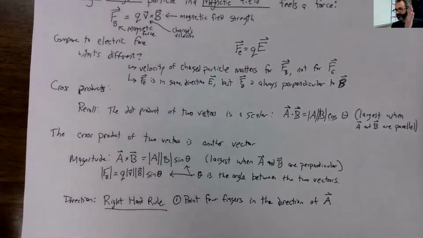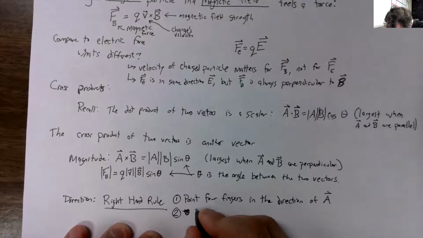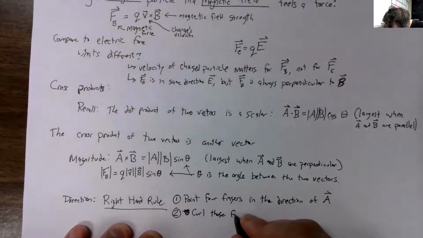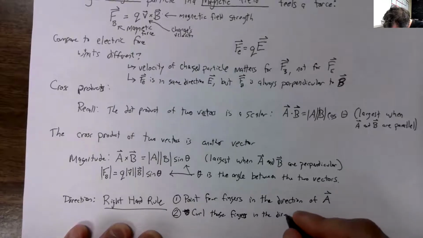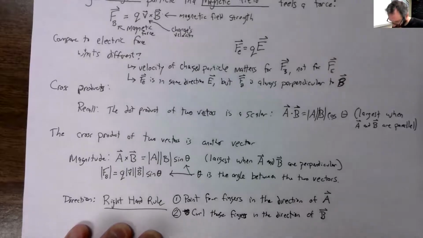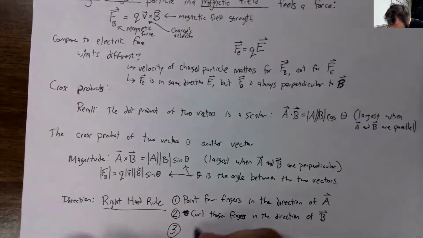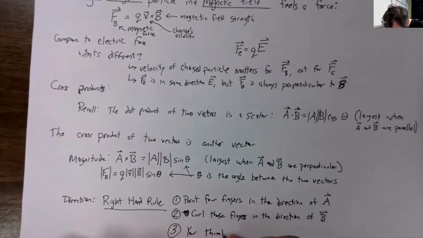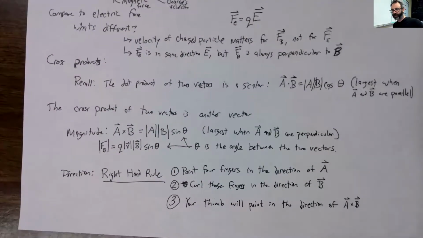Then you curl your 4 fingers towards the direction of the second vector, the direction of vector B. And if you do that, then your thumb will point in the direction of the cross product, A cross B.